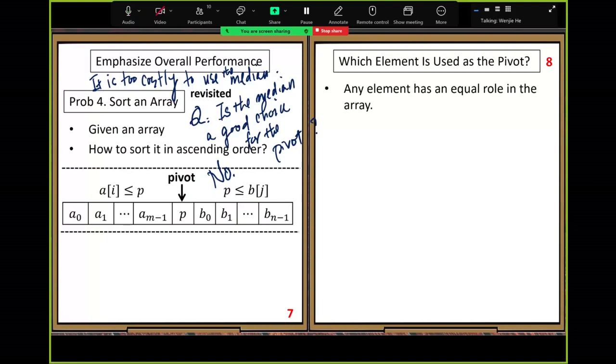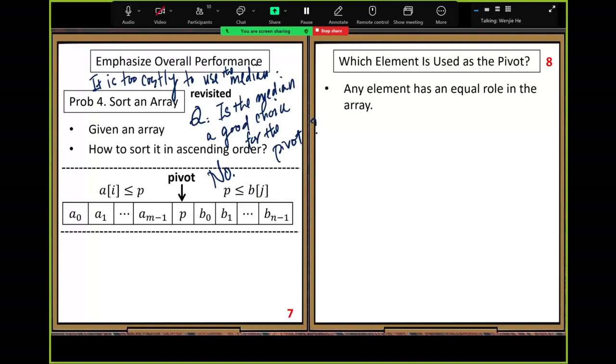Okay? But the algorithm to find a median is very expensive. You need a lot of comparisons. You need a large number of comparisons to find the median, and it's not worth it. We don't want to use that many comparisons to find the median and use it as the pivot. Too expensive.